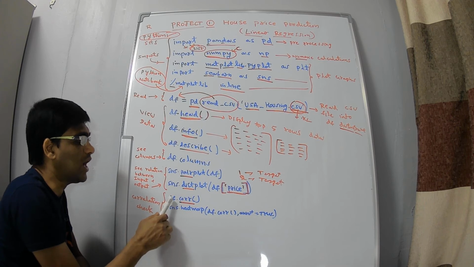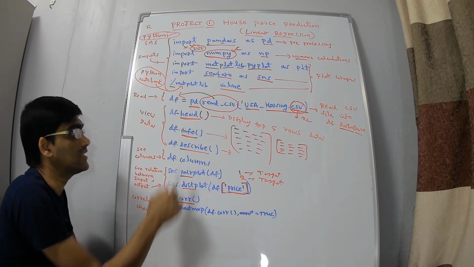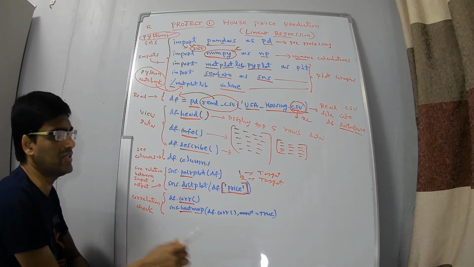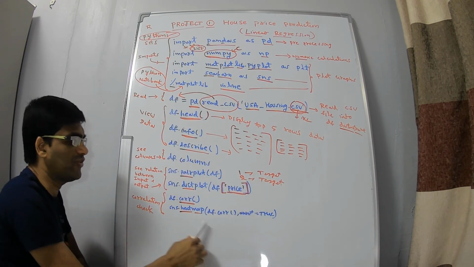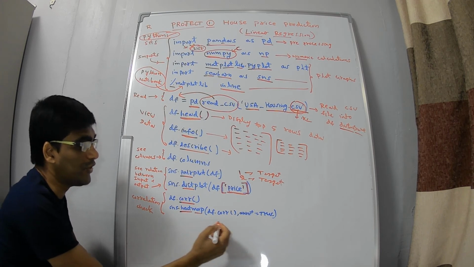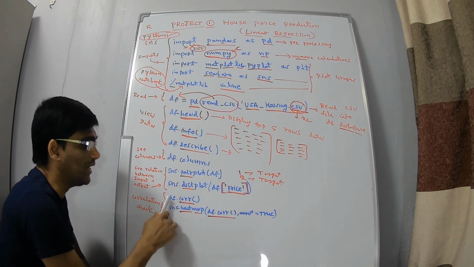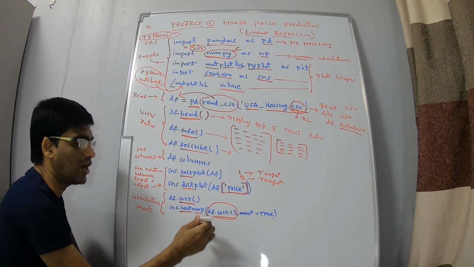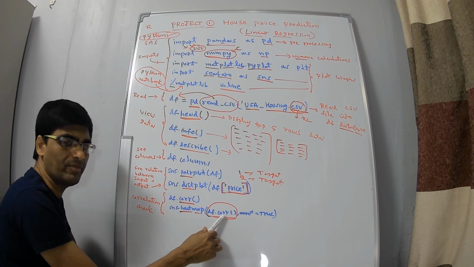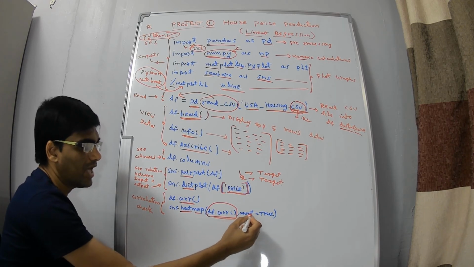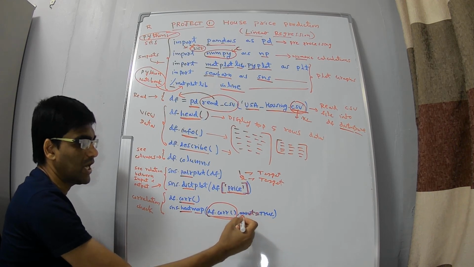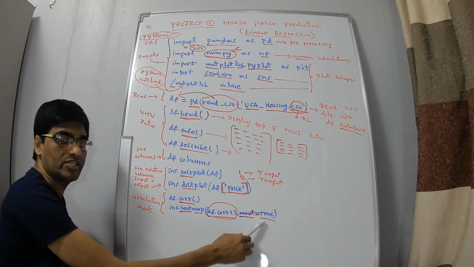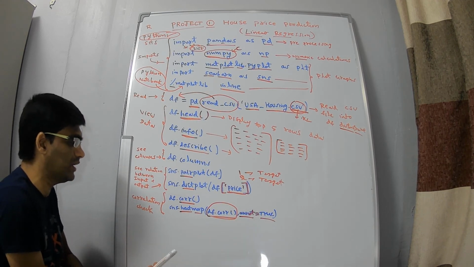Also, in the SNS library we have a method called heatmap. It will very nicely show a matrix-type graph. For that you have to pass an input: whatever df.corr you found, you pass that as the first parameter. Then comma, annot equal to True, meaning annotation is true. We will see how it works with and without annotation.